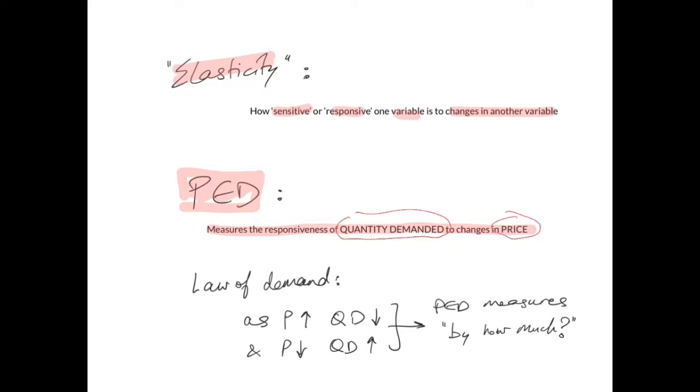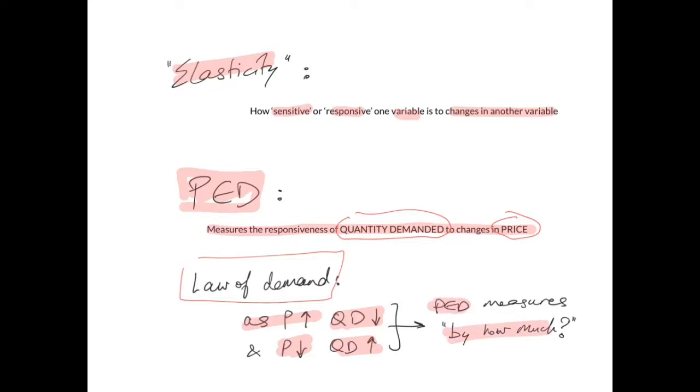Now, if you'll remember, the law of demand states that ceteris paribus, as price rises, quantity demanded will fall, and ceteris paribus, the opposite is true. As price falls, quantity demanded will rise. Now, PED, the price elasticity of demand, measures by how much.